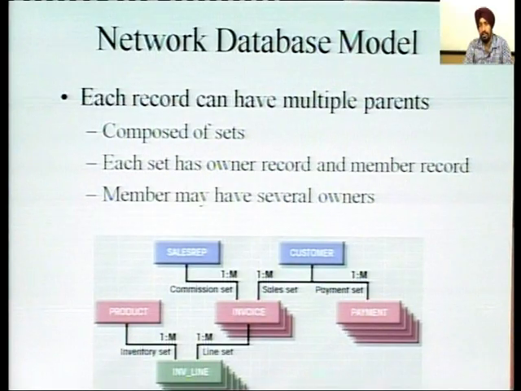Like salesperson and invoice, there is a one to many relationship, and customer and invoice sales set, there is one to many, and again payment set and customer has a one to many relationship. Invoice and invoice line set is one to many. Product and inventory set also have a one to many relationship. This is the example of the network database model.